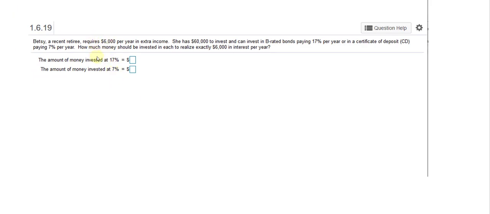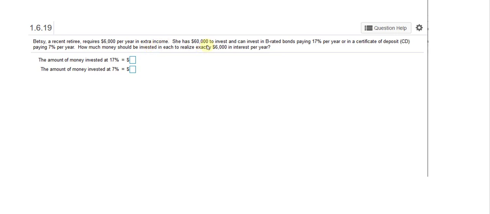The next problem is a word problem, and this one requires you to use a system of equations. Bessie, a recent retiree, requires $6,000 per year in extra income.